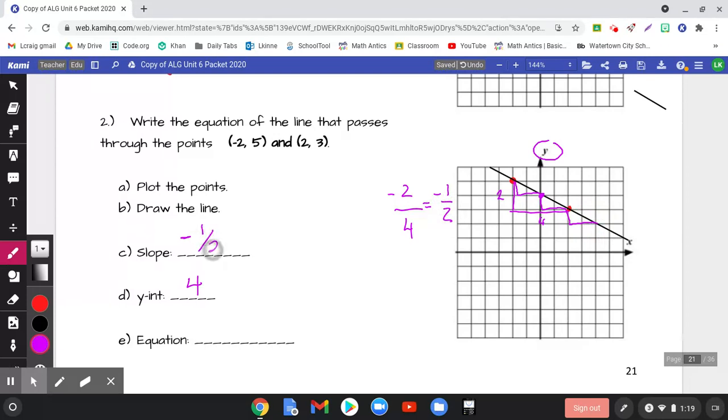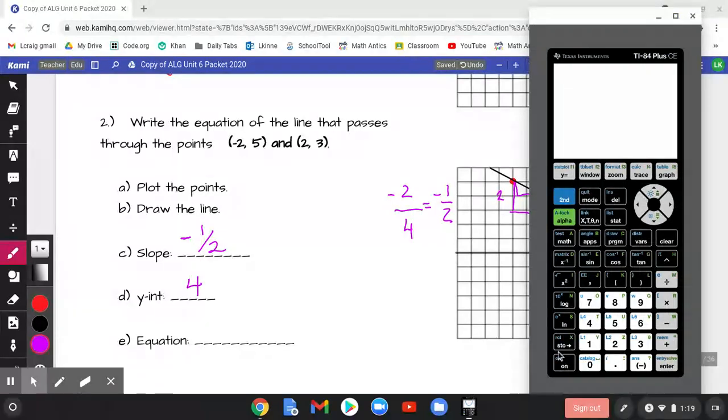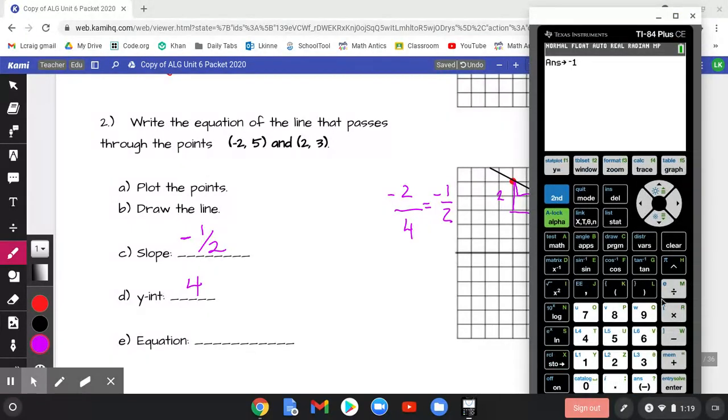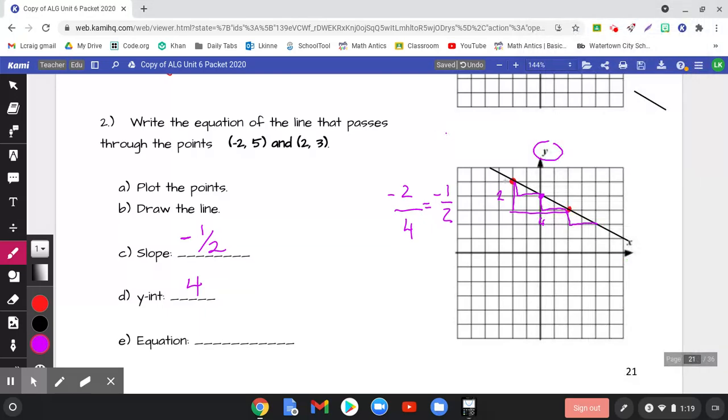That's your slope. If you're not sure, keep in mind you can use your calculator. It'll reduce any fraction for you. -2 divided by 4. Math, enter, enter. There you go, -1/2. Again, it's negative because you're going down from left to right.